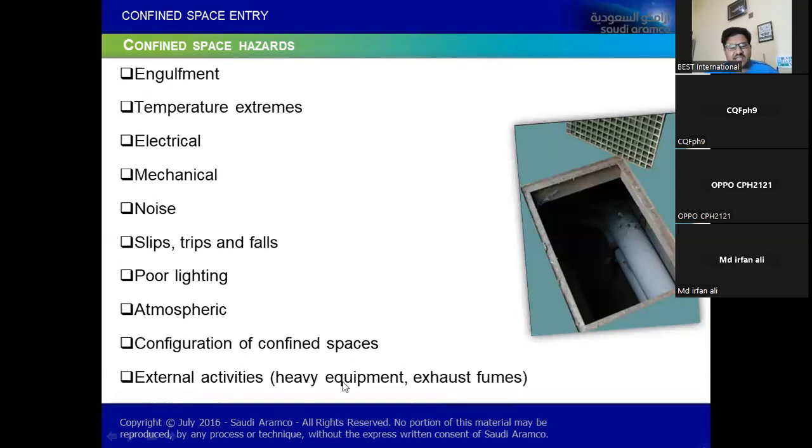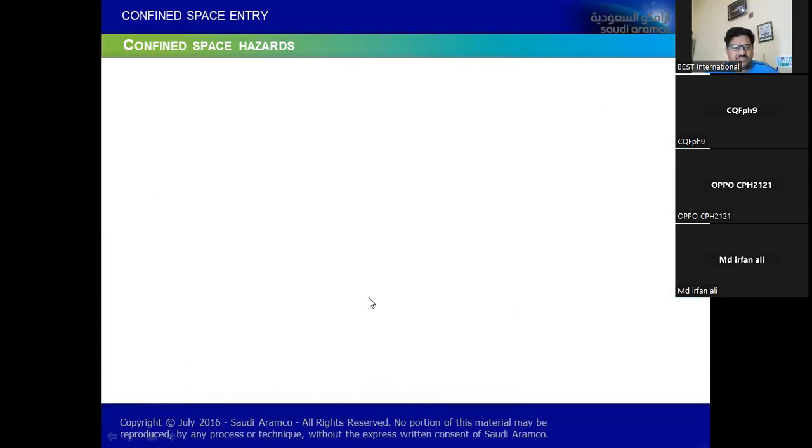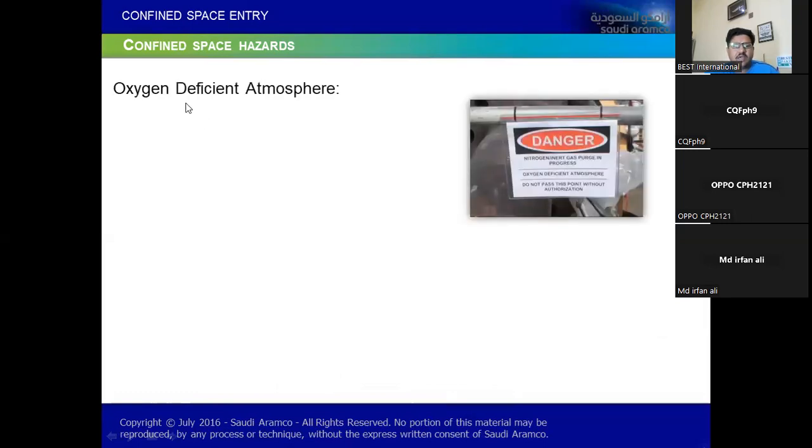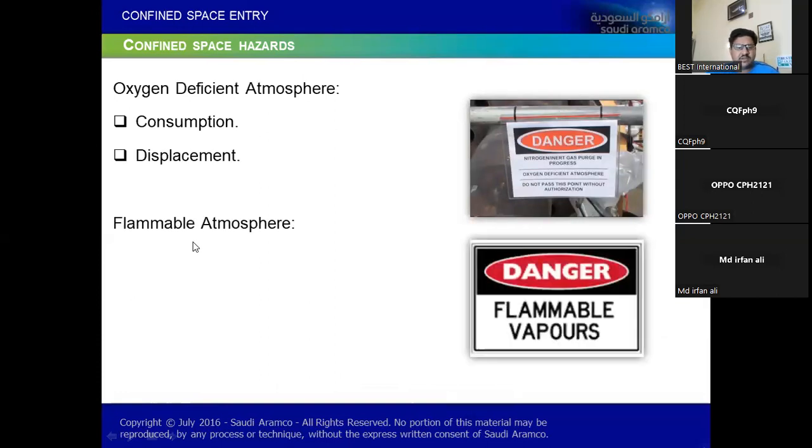Now, external activities like heavy equipment, exhaust fumes, oxygen deficient atmosphere, because of consumption, maybe displacement. The more other toxic gases, the less the oxygen. If you have contamination of other toxic gases in the environment, of course oxygen level will go down.